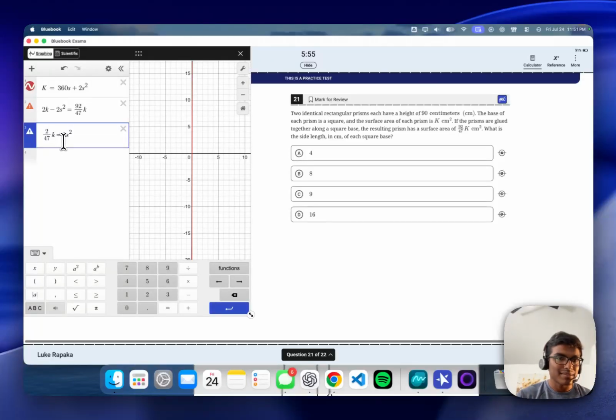K, well, actually, let's just multiply this by 47. I don't like this denominator, right? So that's 2. And then 47 times that 2 is 94 s squared. 2K, that's the same thing as 360 s plus 2s squared, right? Yes. Okay, so I just subbed that in, right? Then this has got to be the same thing as 4s squared plus 720s.